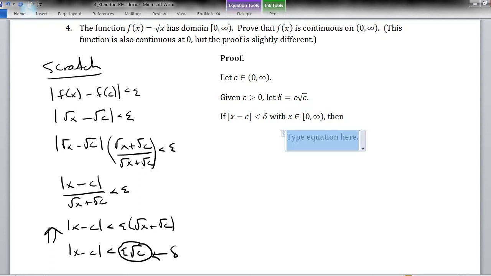replacing delta by what we've defined it to be, we get that absolute value x minus c is less than epsilon times root c. And as we noted in our scratch work, that itself is less than or equal to epsilon times root x plus root c.